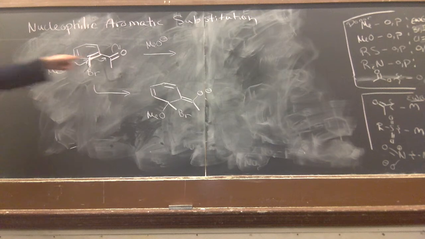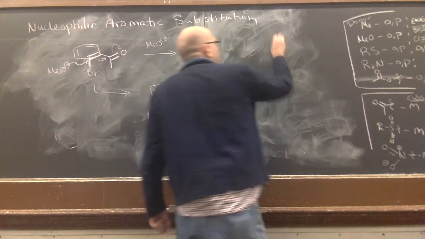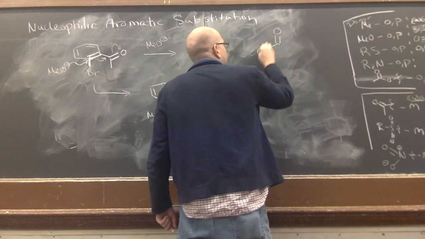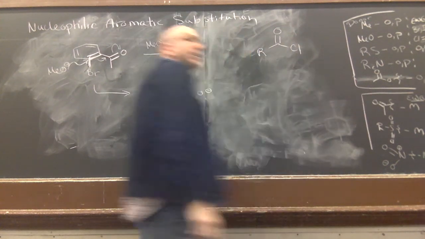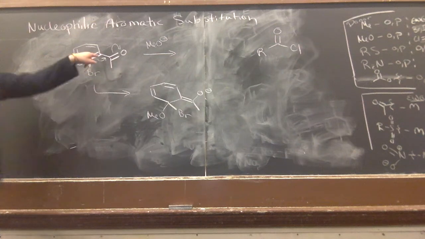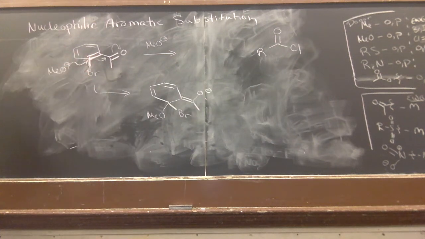But this, in many ways, is kind of like an extended acid chloride, or in this case, acid bromide, right? So you've seen additions into acid chlorides. Remember, acid chlorides are something like this, except that now it's just in conjugation with the alkene. So it's the same type of addition that we would see into an acid chloride.